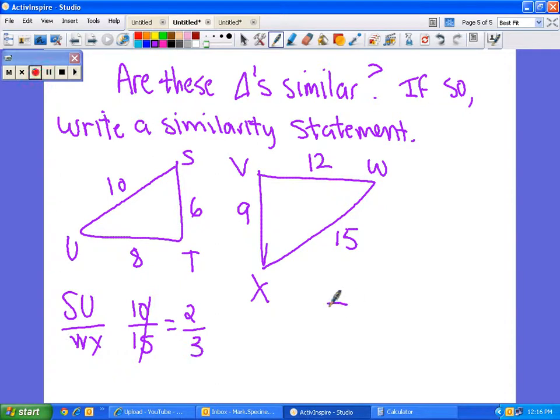STU. So we could say that triangle STU is similar to, well, if you're saying STU, how do you call this one? XVW.